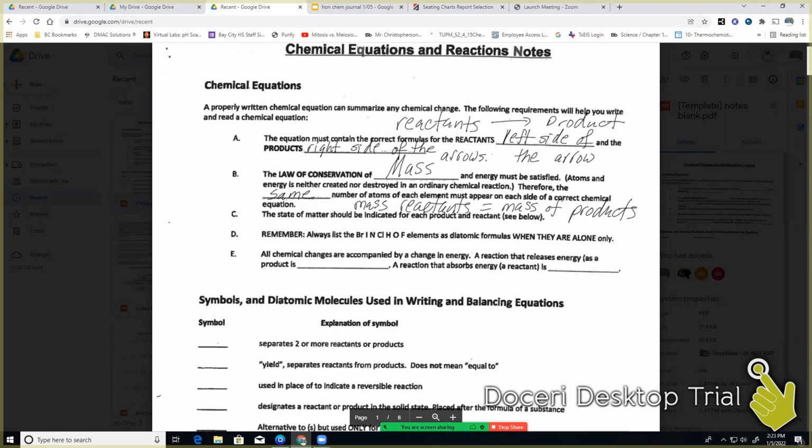A reaction that releases energy, so the energy would be a product, is an exothermic reaction. The opposite, a reaction that absorbs or takes energy, so the energy would be a reactant, is an endothermic reaction. We'll do a little unit on thermochemistry where we'll concentrate on that.